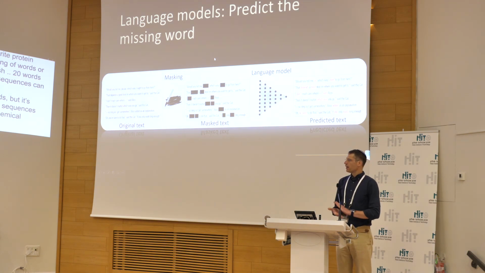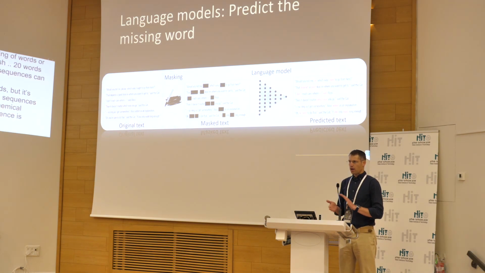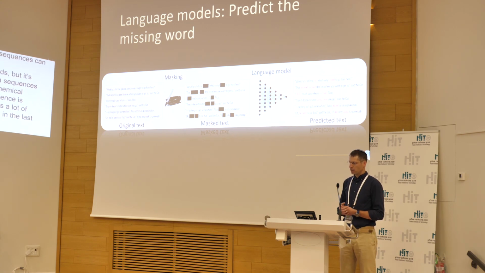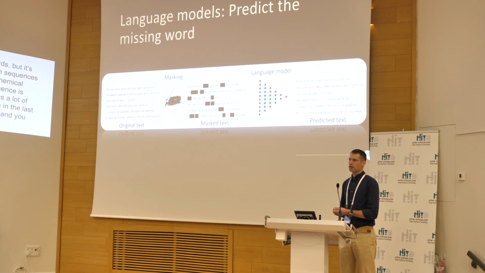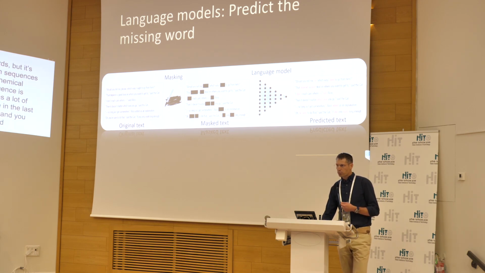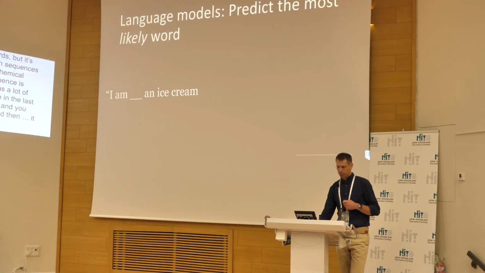Language models have made a lot of progress and advances in the last years, and one of them uses the MLM method, which is a masked language model, where you take a text, then you mask, so you remove some of the words randomly, and then train a model that can predict or recapture the words that were masked.